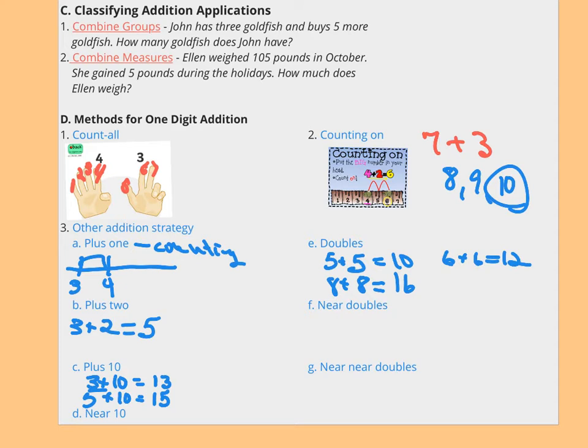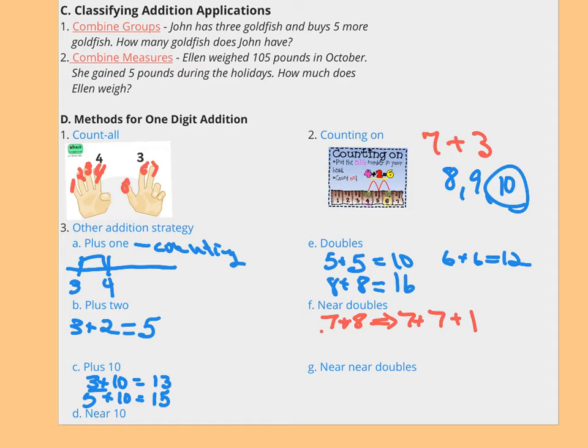Once they have these 4 strategies for facts, they can use those strategies to help them find others. So once students get really good with the doubles, they can go into a near double. A near double is something that's close to a double. So 7 plus 8 is really close to 7 plus 7.